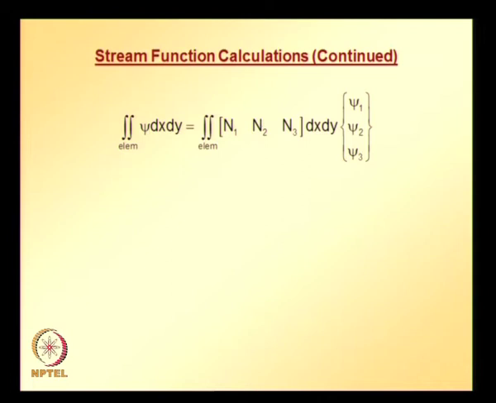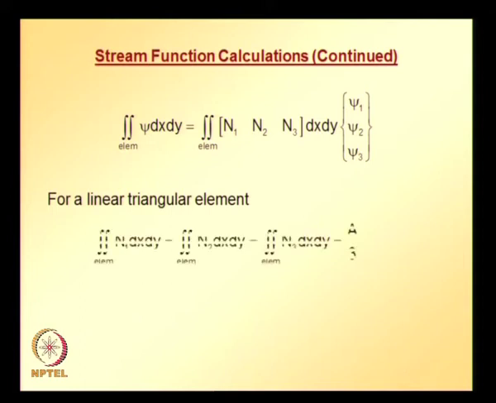and once we simplify this integral with N1, N2, N3 integrated over dx dy or the entire area of the element, for a linear triangular element these integrals turn out to be the area of the triangle divided by 3.